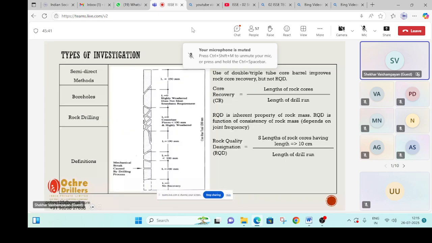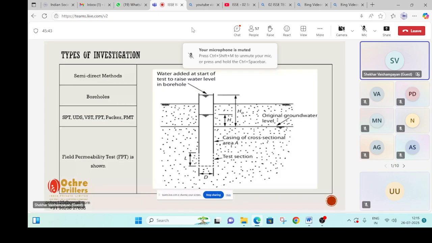Then the third one. First, we will take the field permeability test. A permeability test is typically done to confirm the permeability of the soil below. So you drill a hole, just like in stage 1, before conducting the SPT, we had cleaned the hole. Then you open a test section below that for a length L, which is defined as 50 centimeter or so, and then you pour water on top.